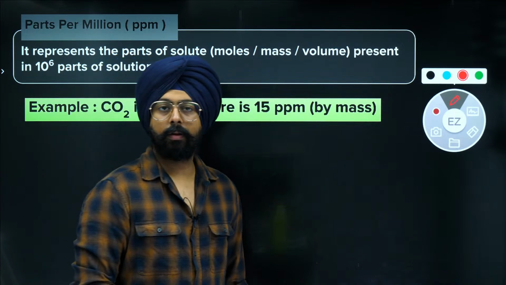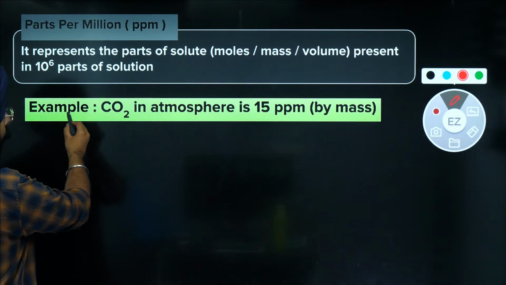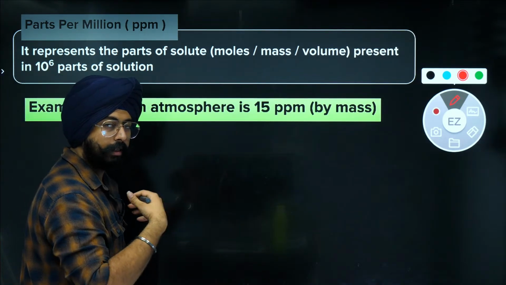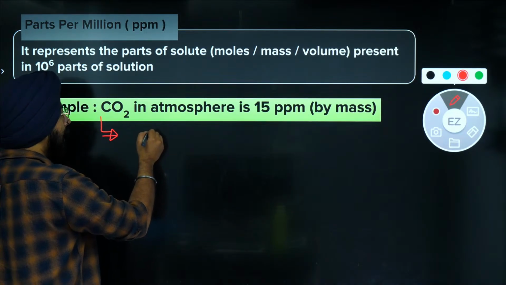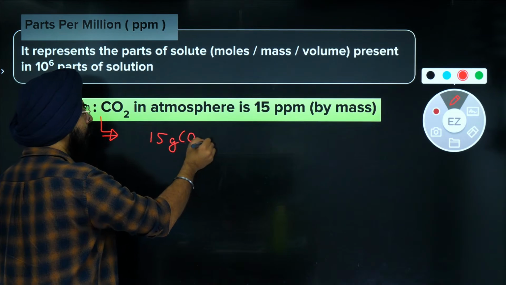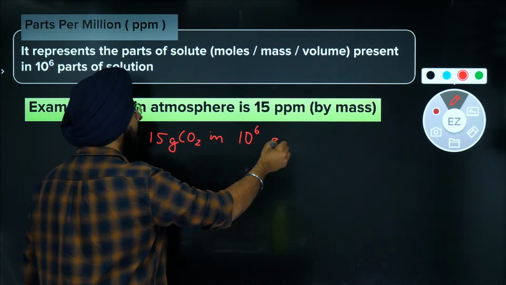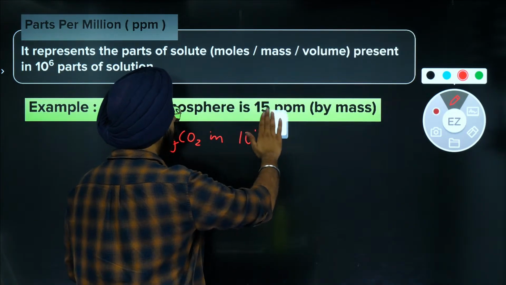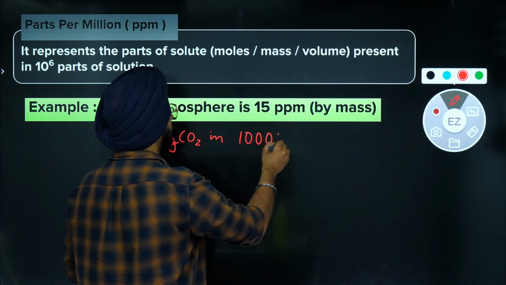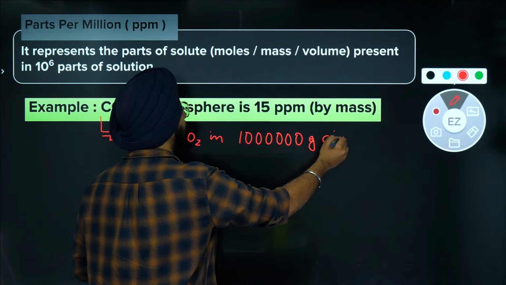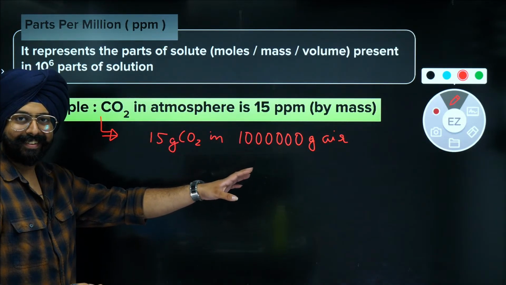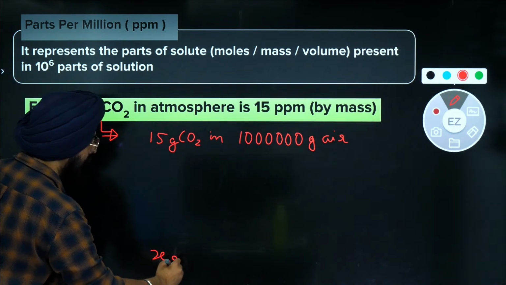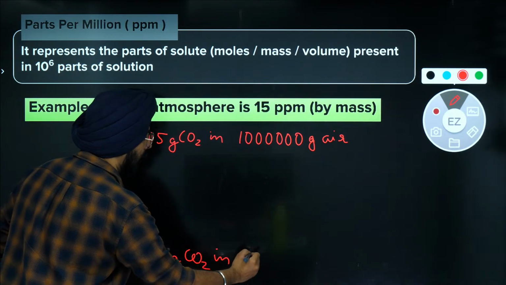Maybe this works. So I'll give you the idea once again. See, what does this statement mean? If you have to simplify it into English, as chemists, this statement means I have 15 grams of CO2 in 10 to the power 6 grams of air. I have to convert this statement into X grams of CO2 in 100 grams of air.